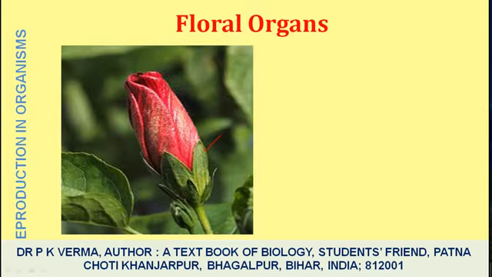So the 4 whorls, calyx, corolla, androecium and gynoecium make the flower complete. If any one is absent, the flower is incomplete. But in China rose, there is an extra whorl known as epicalyx.